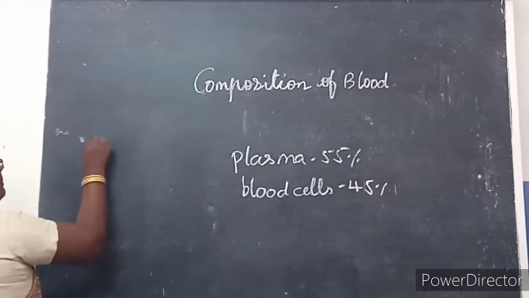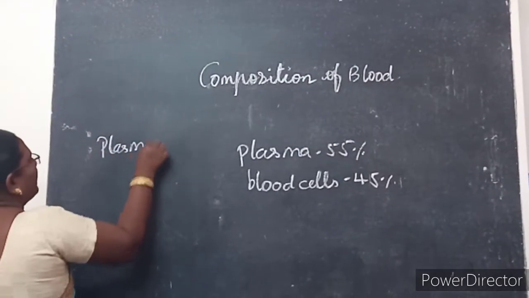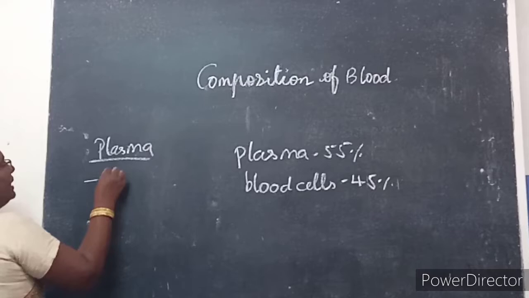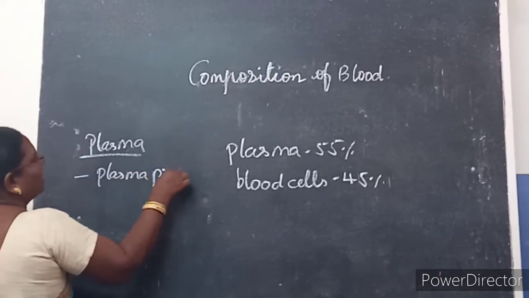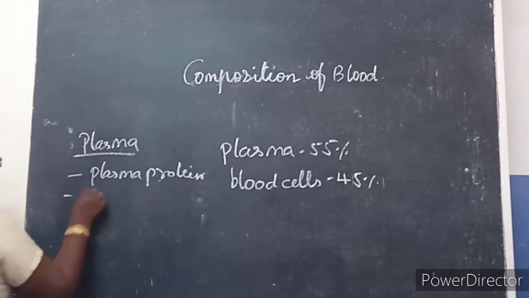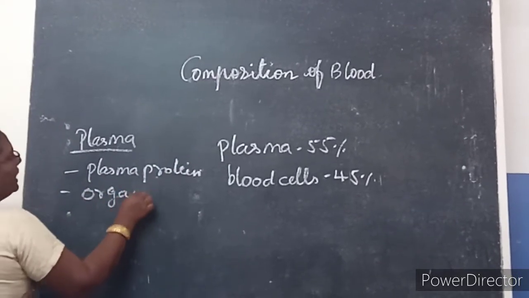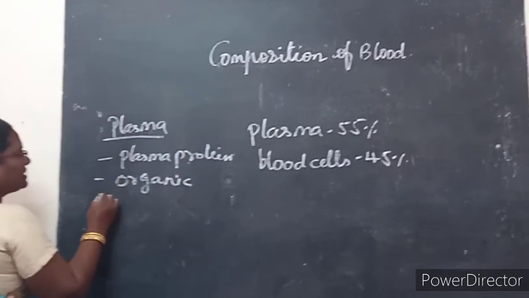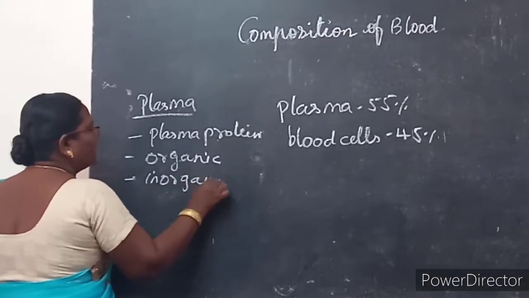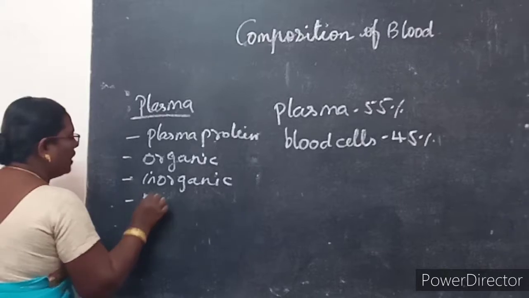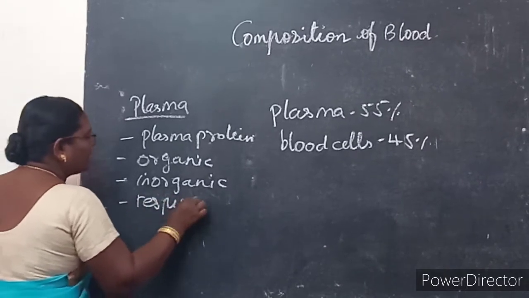Then next we learn about the plasma. The plasma consists of water, plasma proteins, organic substances, inorganic substances, and respiratory gases.